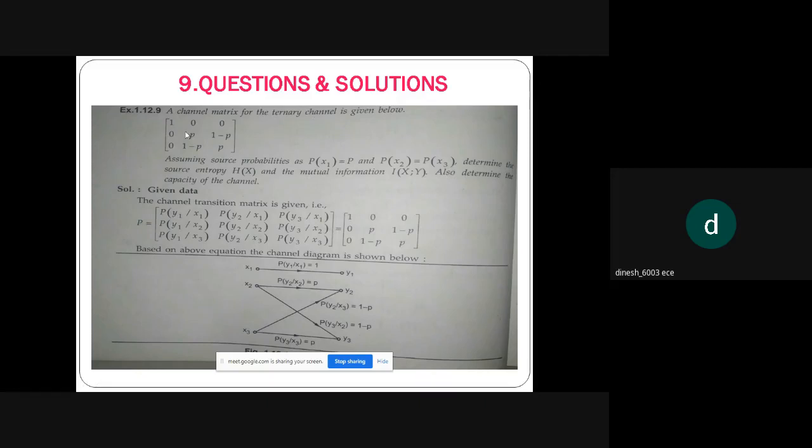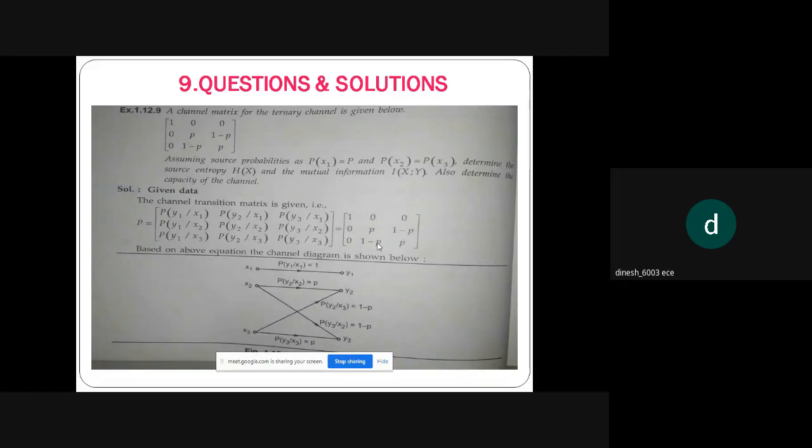See, the matrix size is 3 cross 3. To make you understand that, I'm sure it will take 45 minutes or so, which might not be sufficient now. So I'll explain question number 9's problem and solution in the next class.